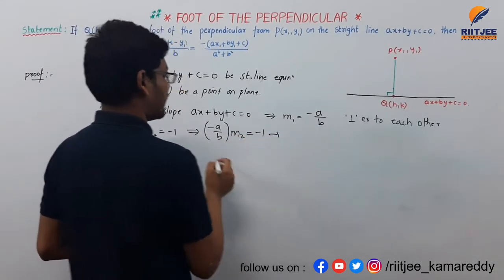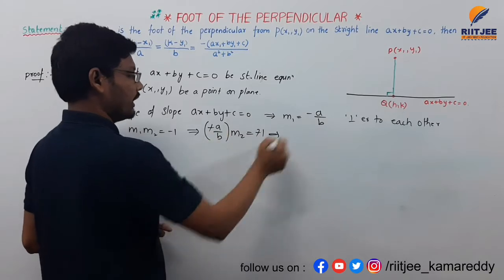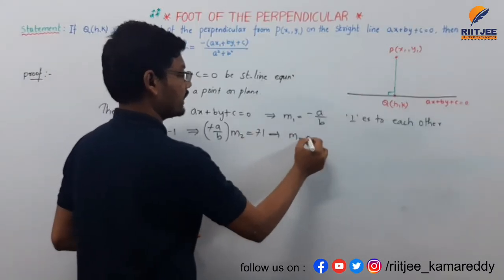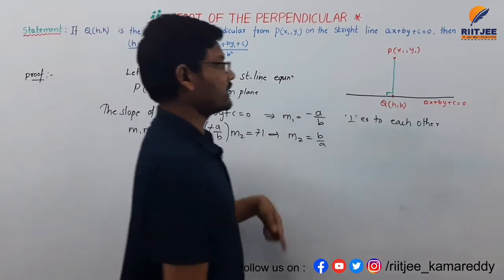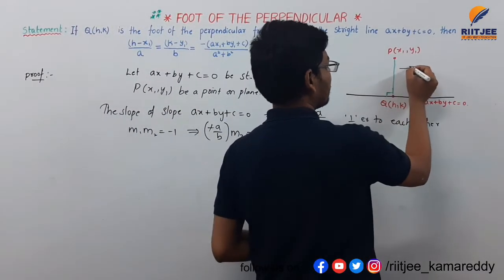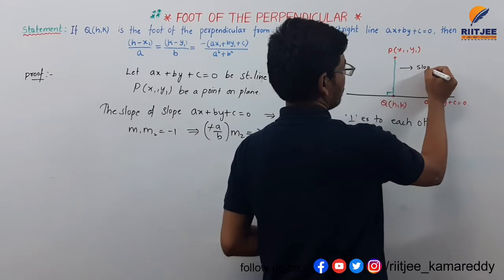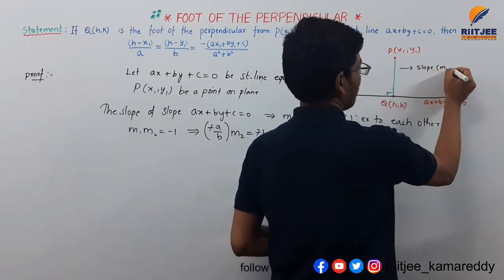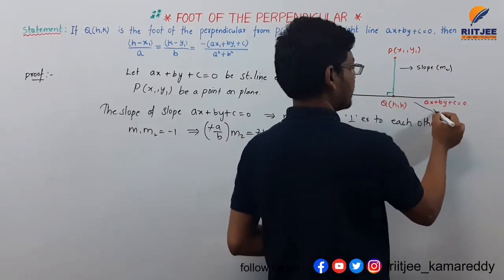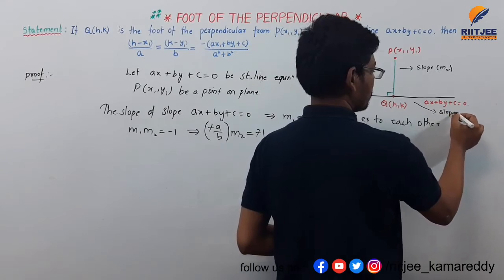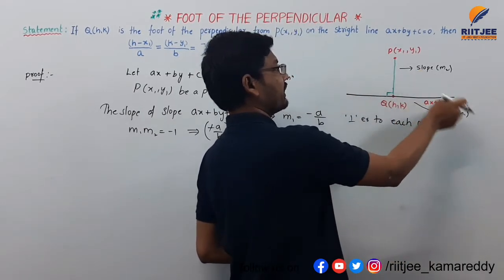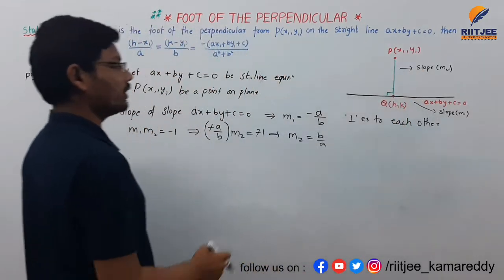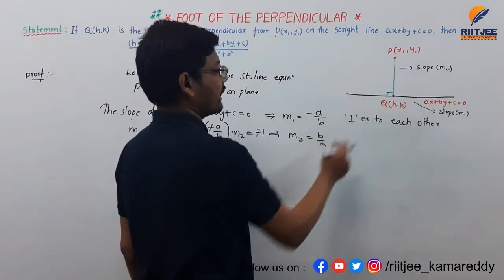Then m2 implies the minus gets cancelled and it becomes the reciprocal, that is b by a. For this line the slope is m1, for this line the slope is m2. So the slope of this line we got is b by a.